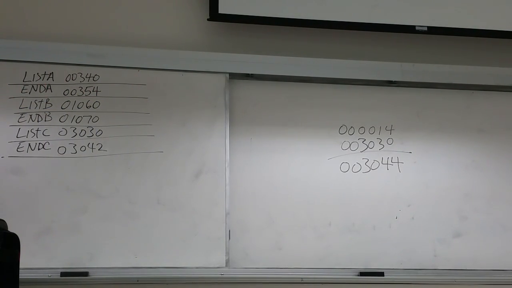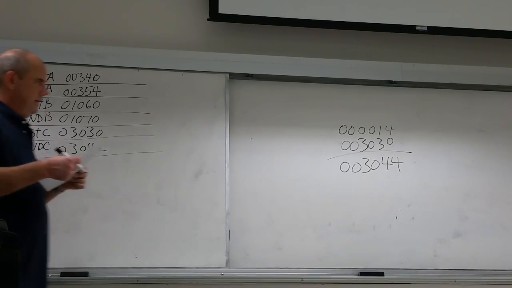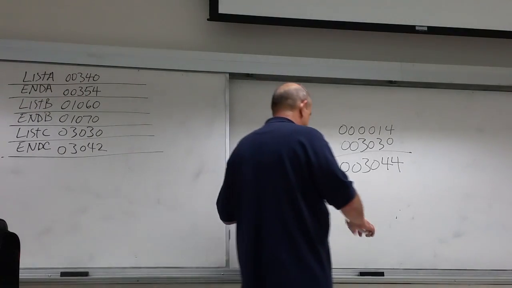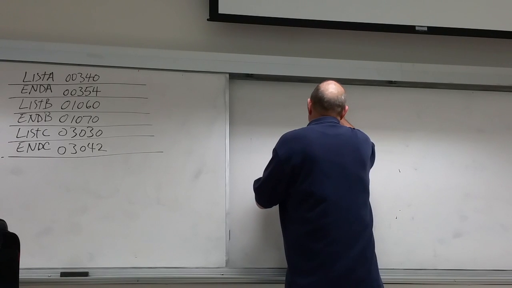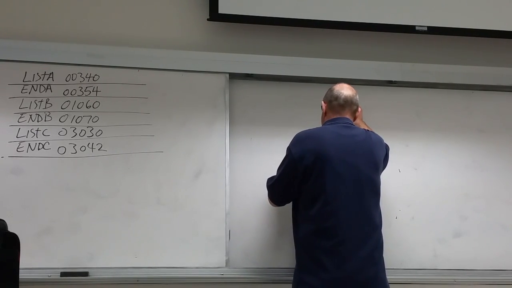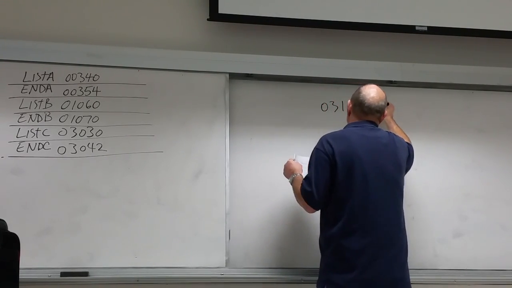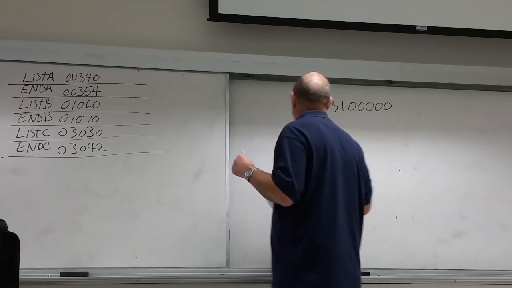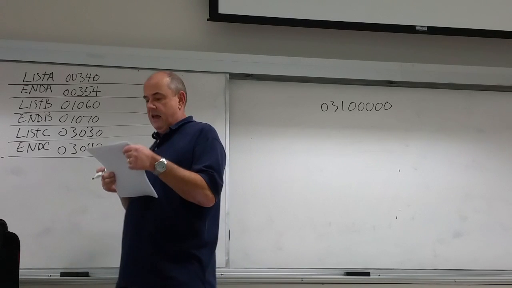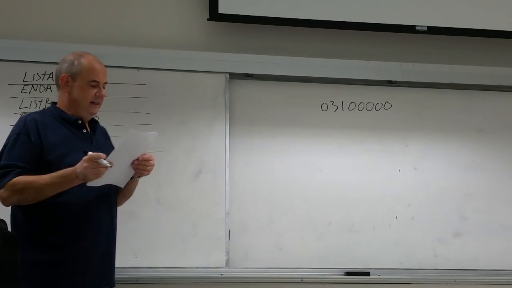Okay, next page. I'm going to run out of time, so I'm going to try to move these along more quickly. Address 37. There isn't a 37, there's a 36. So what do we have? We have the instruction 031, and then all zeros. Okay, and what do we have to do? We have to add list A to it.